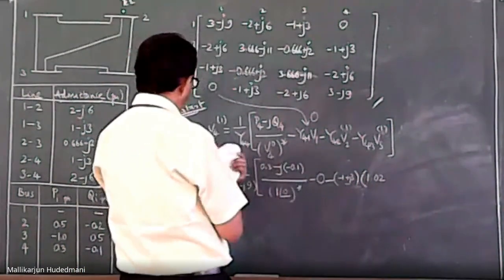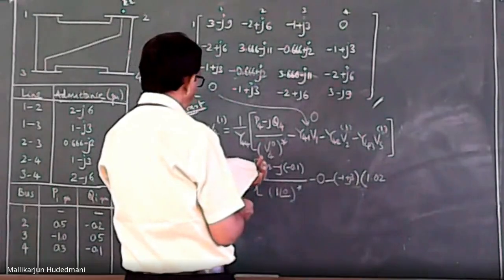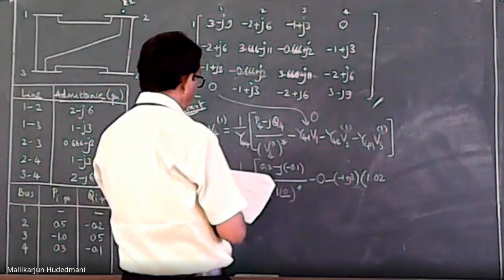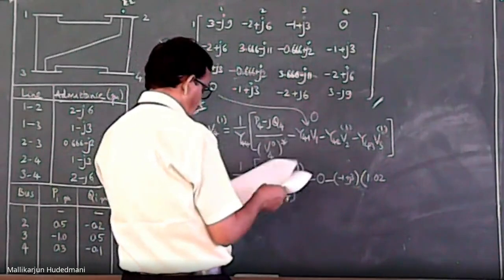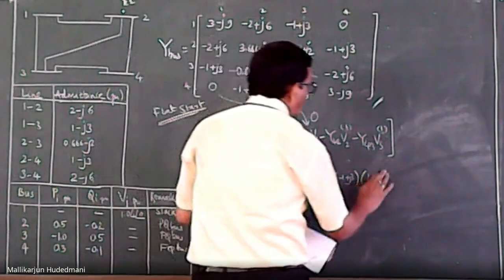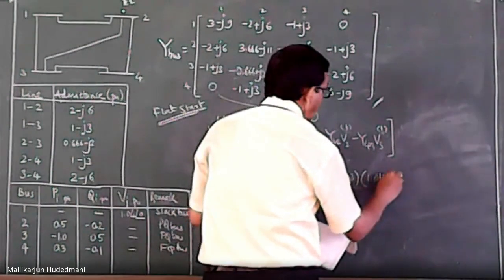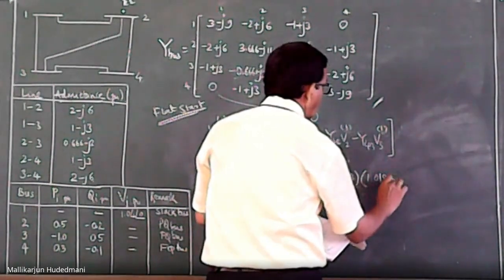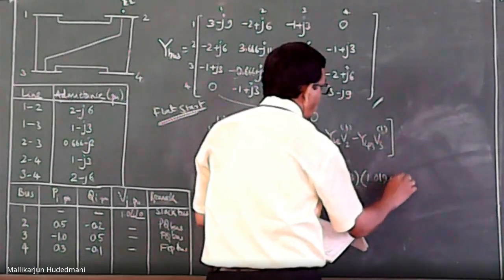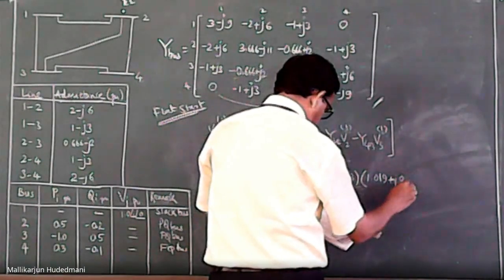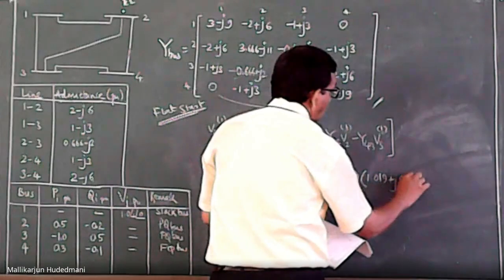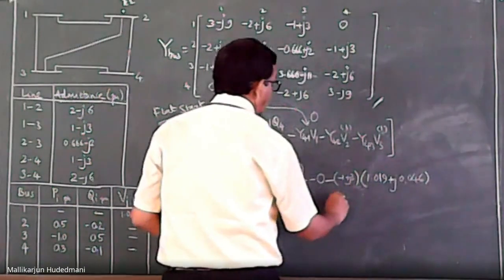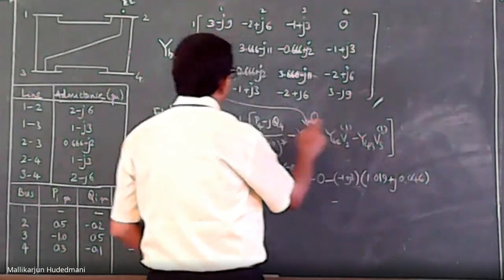I refer from my code value 1.019 plus j0.046.